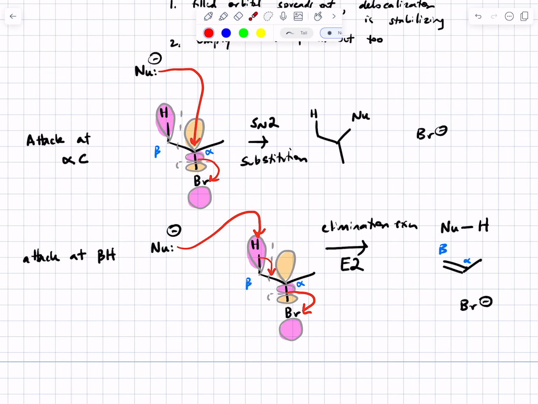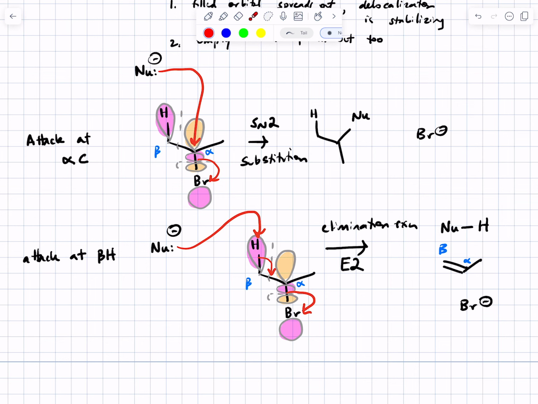The way the text goes is you do substitution reactions and you pretend like elimination doesn't exist. Then you do elimination reactions pretending like substitution doesn't exist. And then at the very end of Chapter 8, there's a whole section which is sort of horrible, where they pull back the curtain and tell you, by the way, all of this was happening all at once. I'm trying to reveal that to you from the beginning so that you're prepared for that.